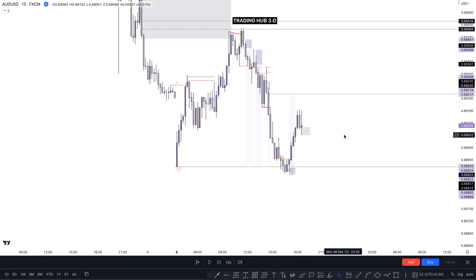This is very risky, because the main trend is bearish. So you can simply buy here, but for the short term. The main term is your bearish structure.